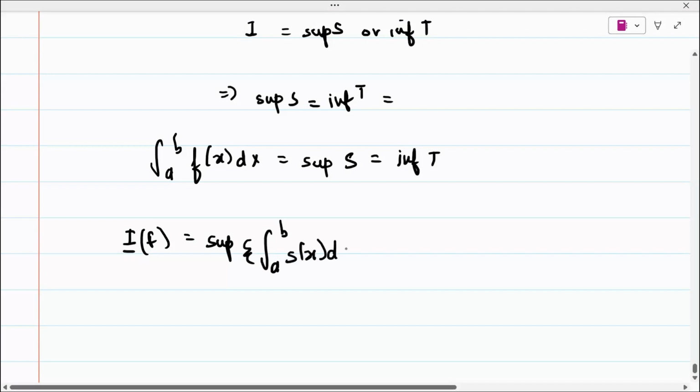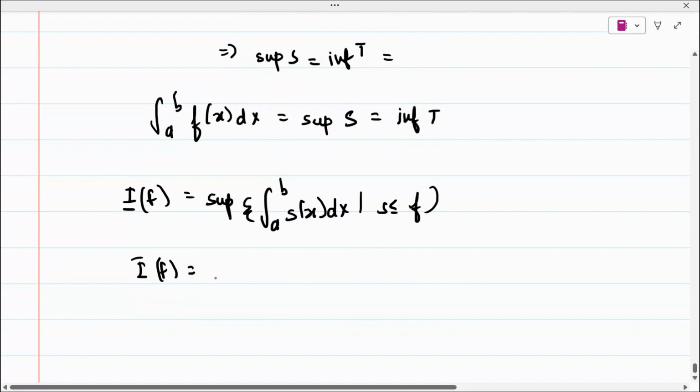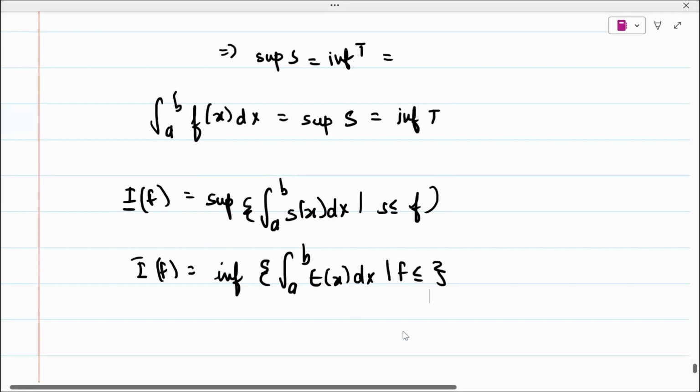Yeah, that's a nice concept, because the integral is the least upper bound, I mean the greatest lower bound. So we have upper and lower integrals of a bounded function there.